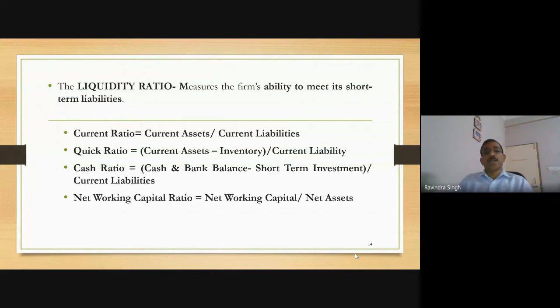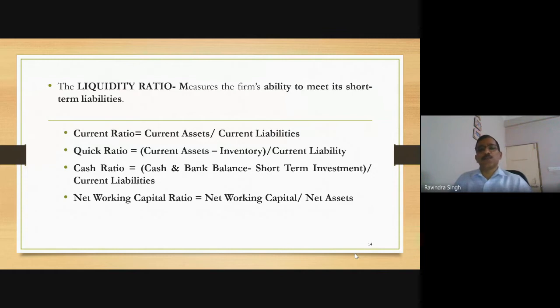Current ratio: current assets divided by current liabilities. From the balance sheet, you take the current assets on the right side and on the left side the current liabilities, and take the ratio. What is the ratio? If it is healthy, meaning more than 1, then it is good. And if it is equal to 1 or below 1, then it is alarming. Then you have to go for further evaluation.